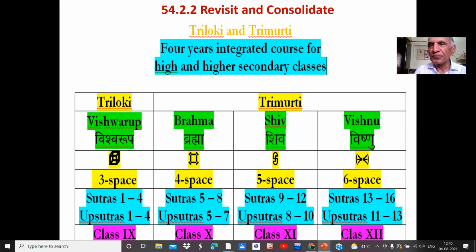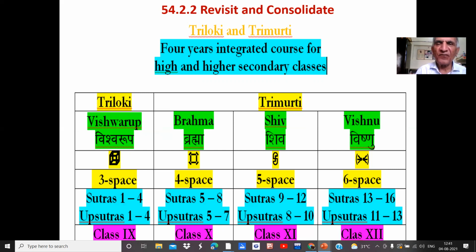In continuity, in the fourth year, it is going to be a domain to be focused, to be attended, to be absorbed as 6 space, presided by Lord Vishnu, and the Sutras 13 to 16 and Upsutras 11 to 13 will provide the needed values for Vedic sciences and Vedic technologies.